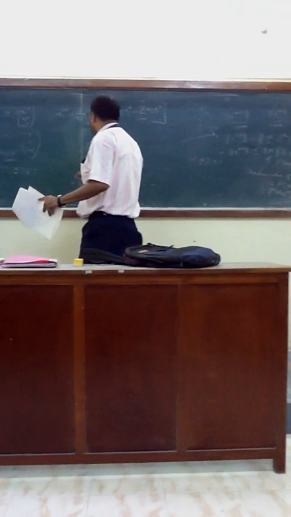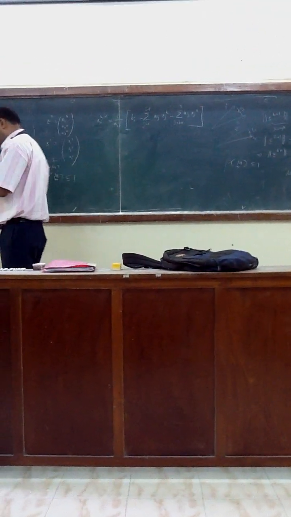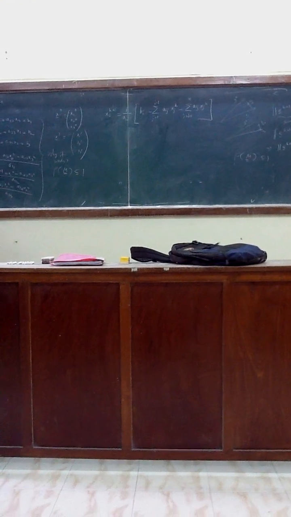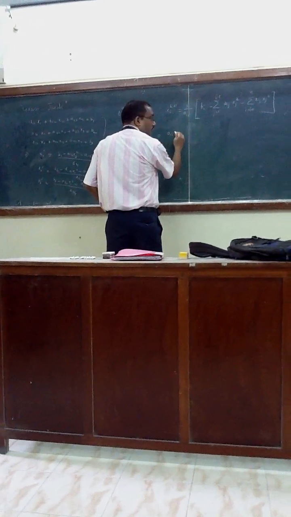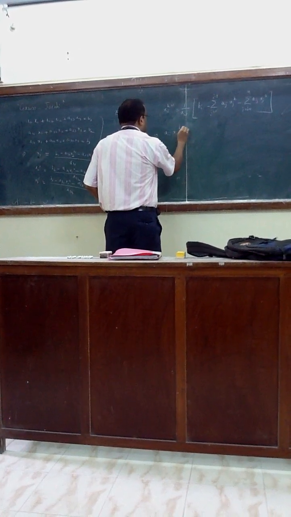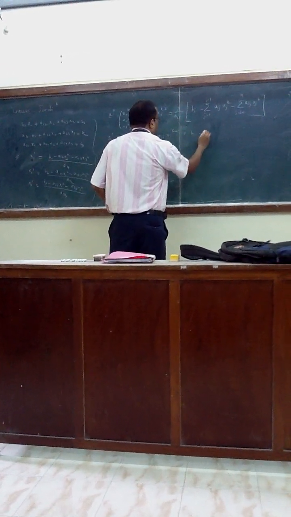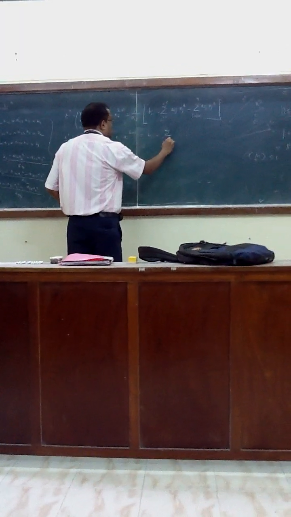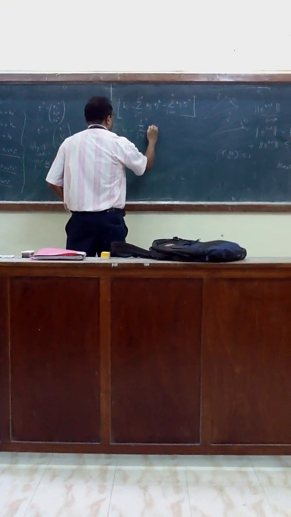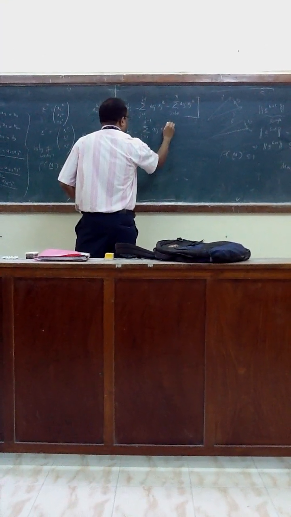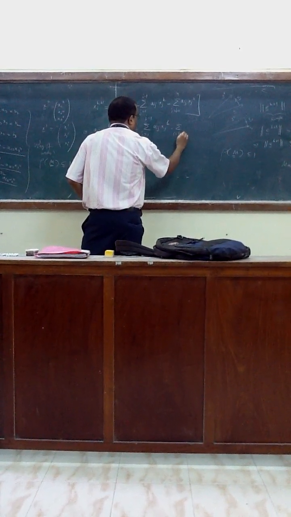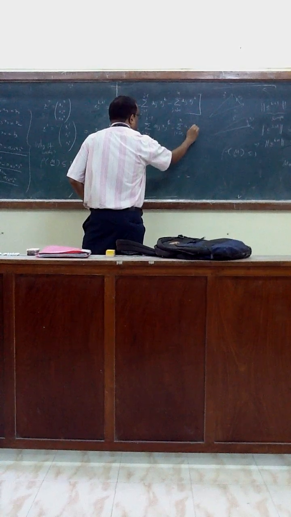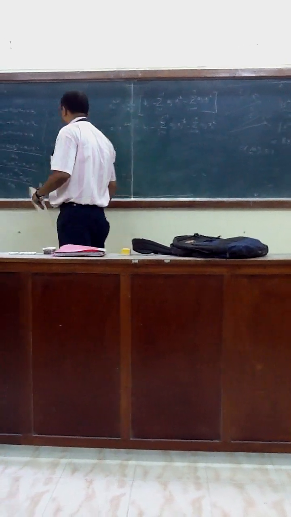What will be the next step? A more compact way. So you can write a_ii x_i^(k+1) equals b_i minus summation j equals 1 to i minus 1 a_ij x_j^k minus summation j equals i plus 1 to n a_ij x_j^k.